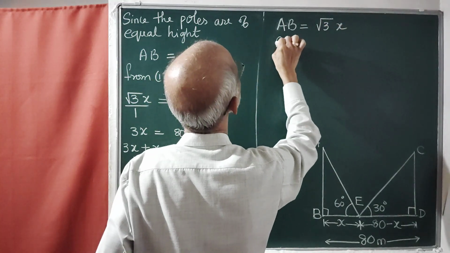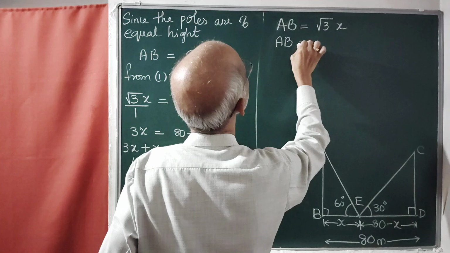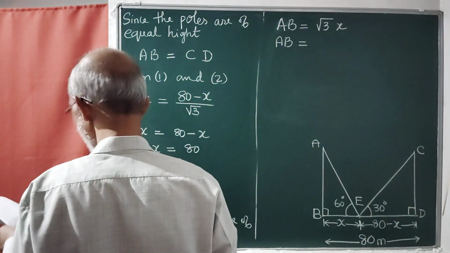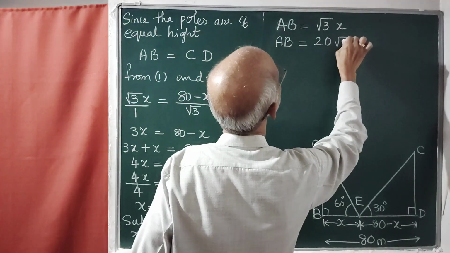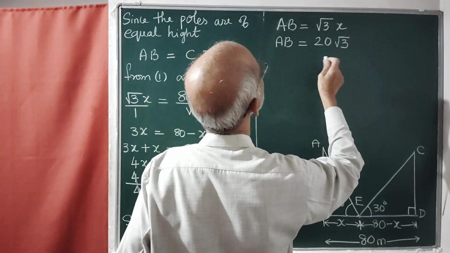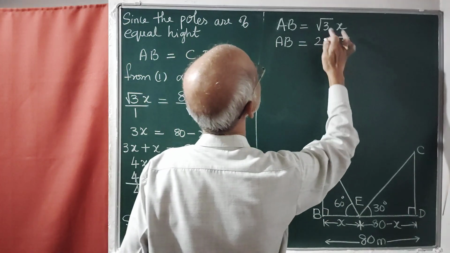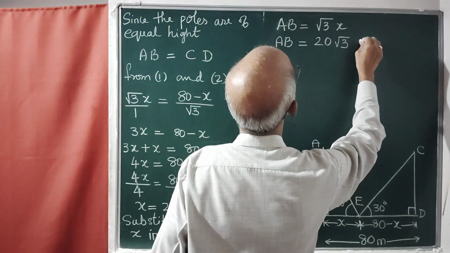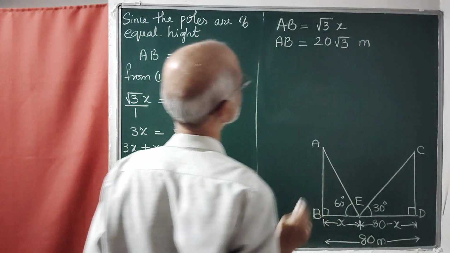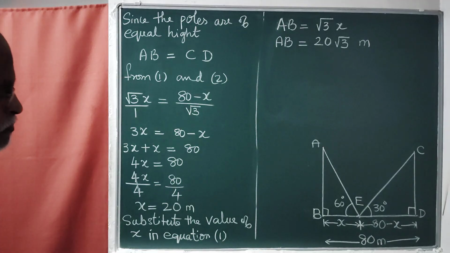So AB will be equal to 20 root 3 meters, because root 3 times 20 is 20 root 3.